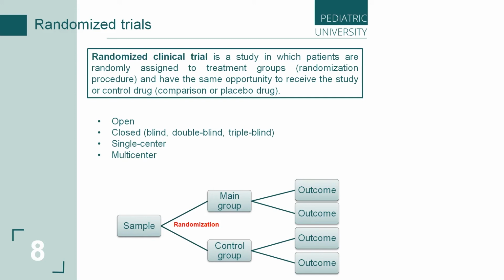So this is when the study is open. But if the study is blind, the allocation is done using random number tables. Envelopes are sealed after allocation. No one knows about this allocation.